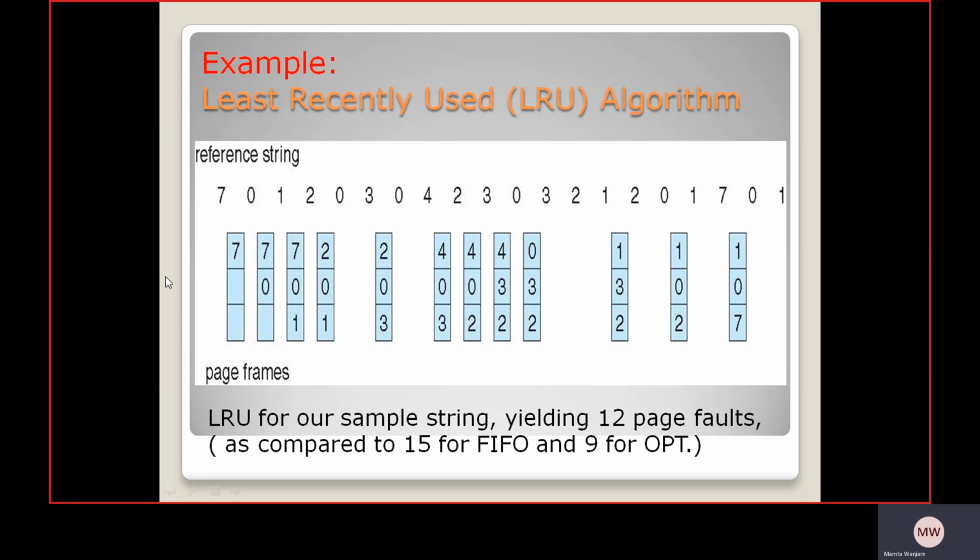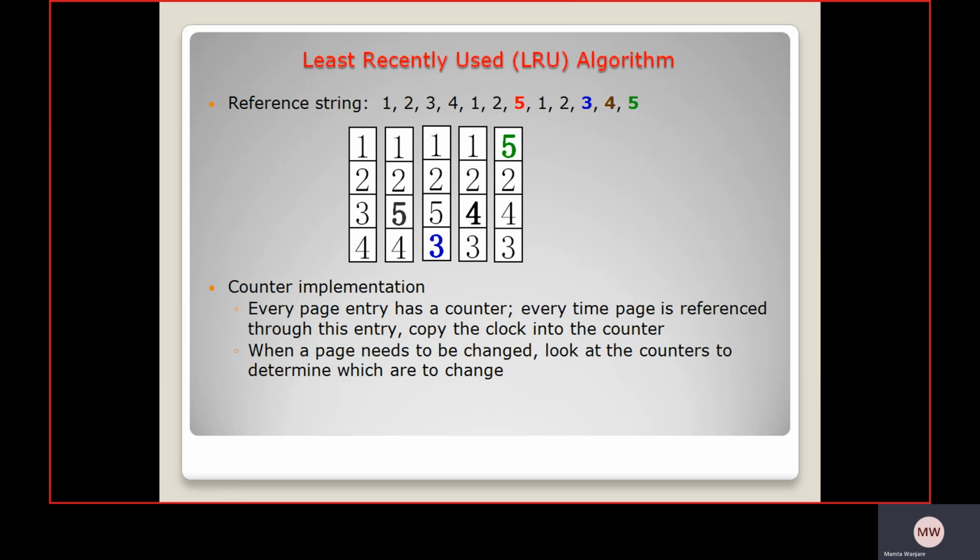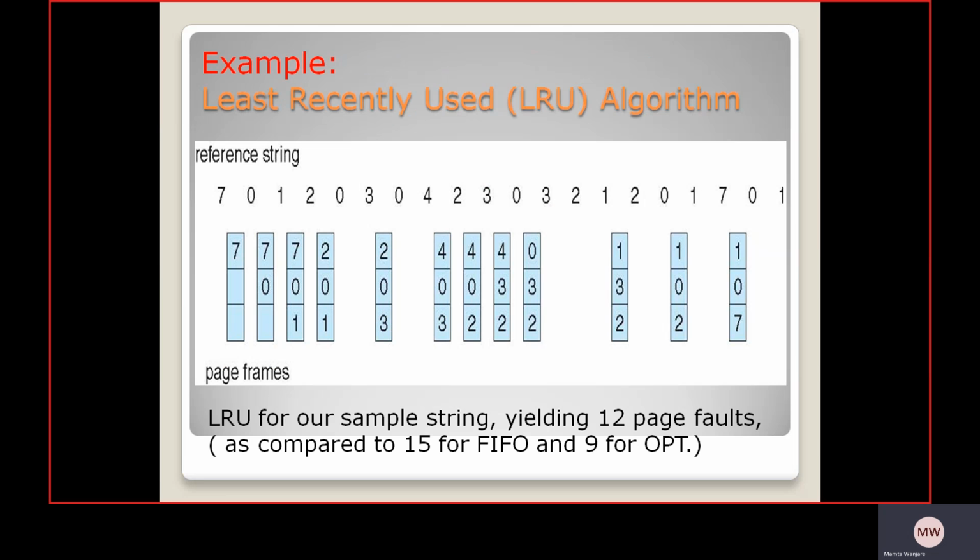7 0 1 2 0 3 0 4 2 3 0 3 2 1 2 0 1 7 0 1. It is a 3-frame technique. Using 3 frames, you put the pages into the frames one by one. 7 is put first, then 0, then 1, then 2. For 2 we check, and replace the 7.